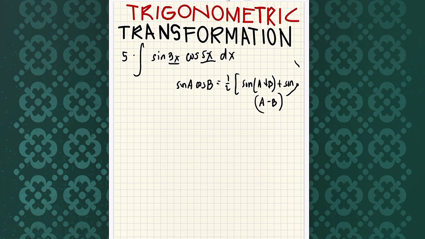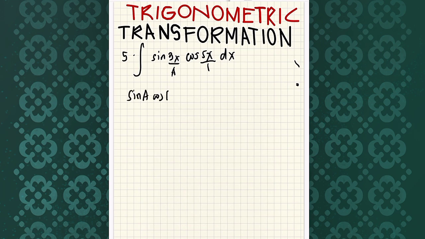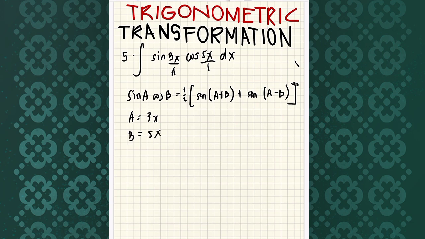So this will be our A and this is our B. So let's rewrite again the formula, which is sine A multiplied by cos B is equal to 1/2 sine A plus B plus sine A minus B. So our A is equal to 3x and our B is 5x.